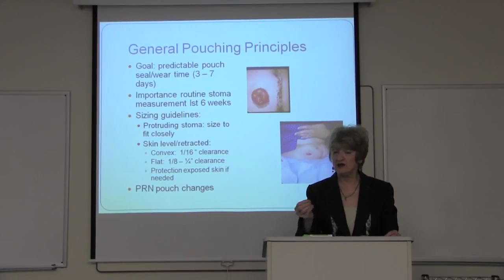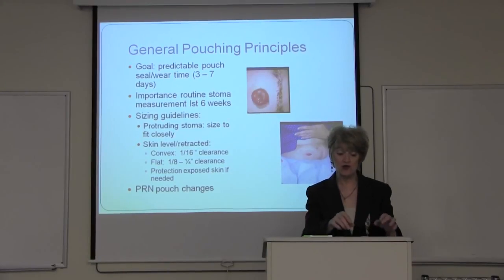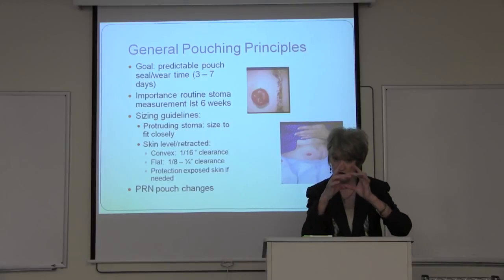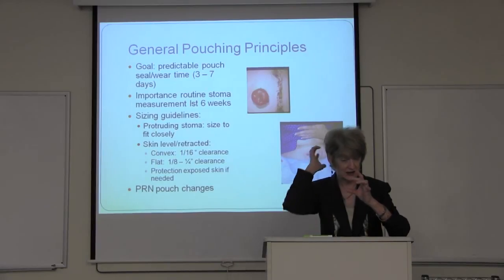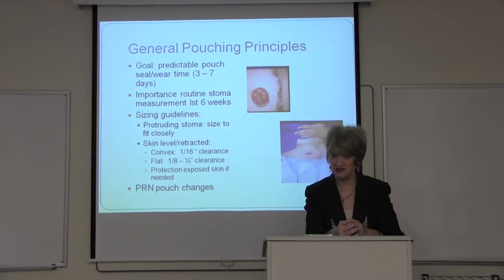That's necessary to prevent undermining. When you have a skin level or a retracted stoma and you're forced to use a flat pouch, it does not give support to the peristomal skin and tissue, does not cause the drainage to project into the pouch.